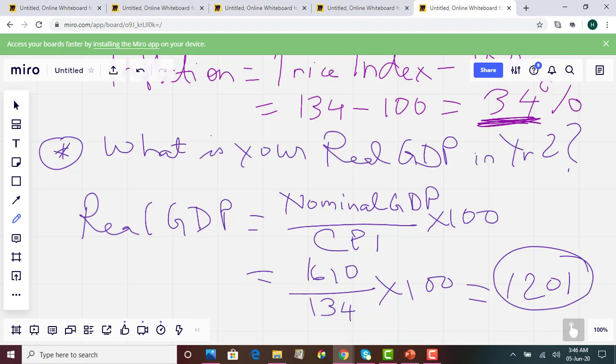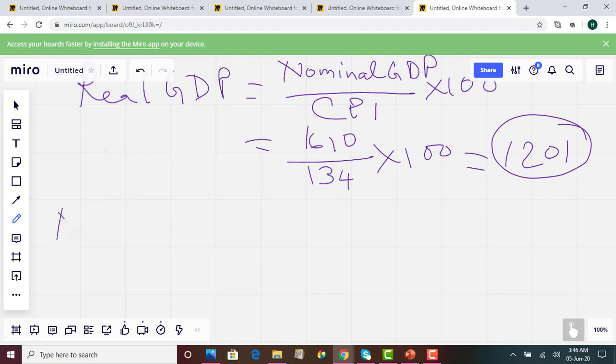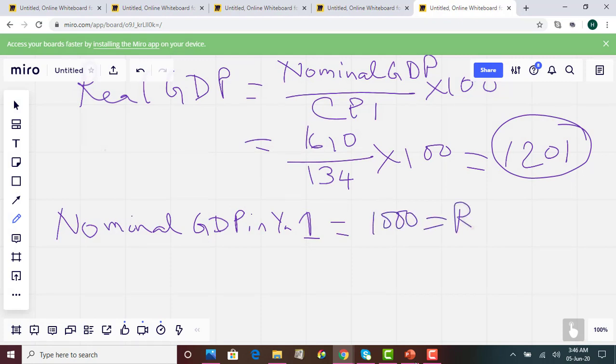Looking at that number, it seemed, oh wow, right? This is our summary of results. Nominal GDP in year 1 is 1000, and that also equals your real GDP in year 1 because it's the base year.